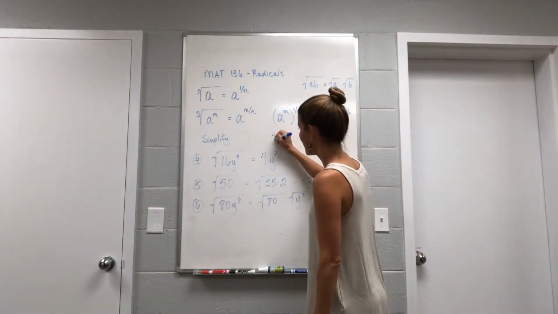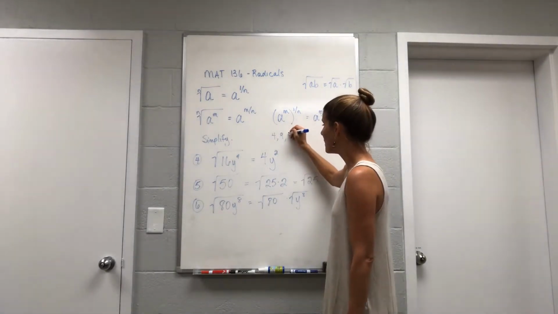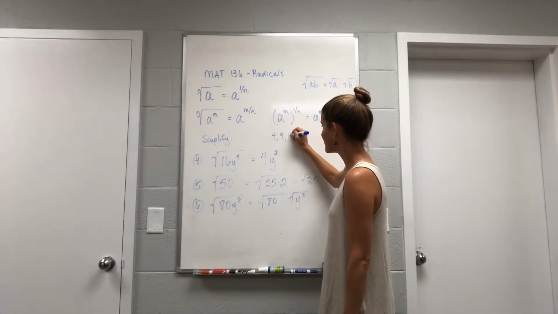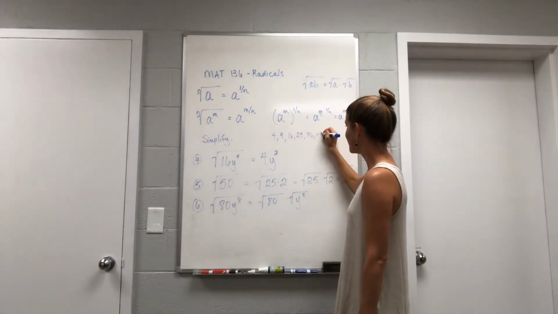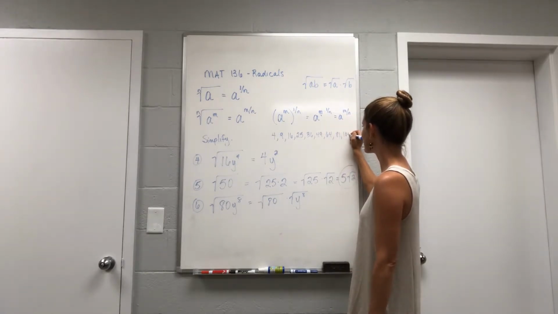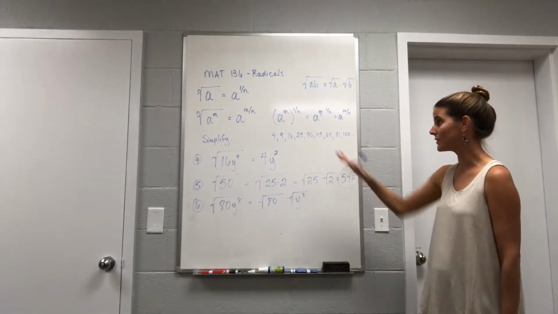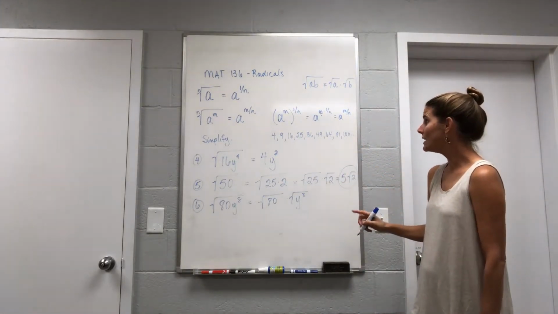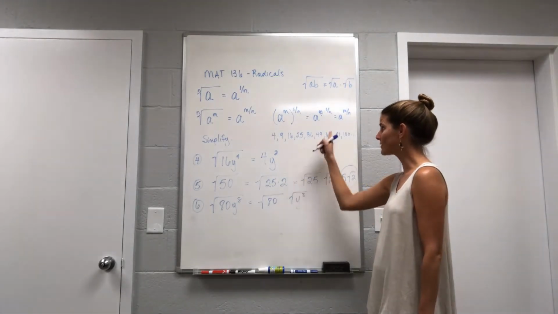Perfect squares, by the way, you could just write them out, like 2 squared is 4, 3 squared is 9, 4 squared is 16, 5 squared is 25, 36, 49, 64, 81, 100, and these are just 6 squared, 7 squared, 8 squared, 9 squared, 10 squared. So these are what are called perfect squares. So this is not a perfect square, but we have a perfect square that goes into that.